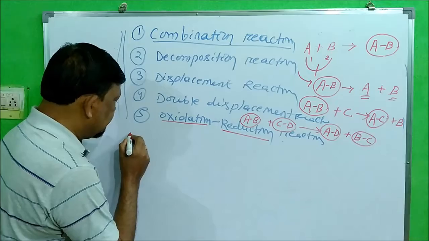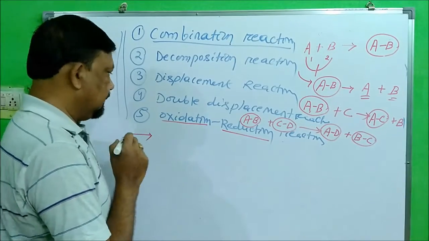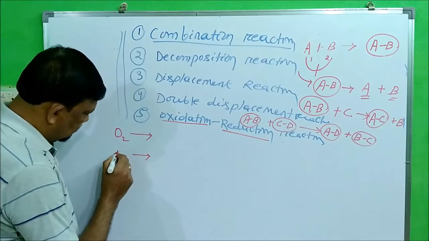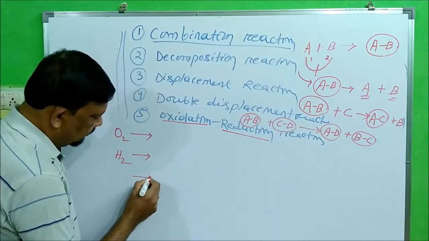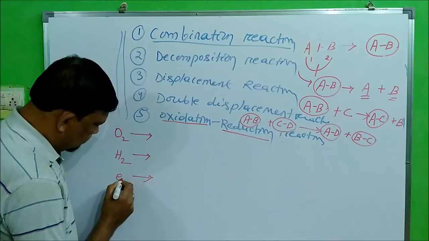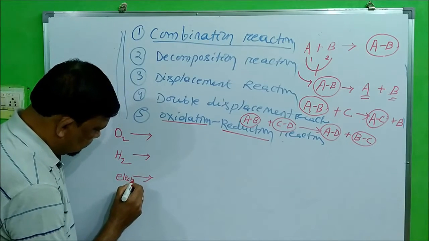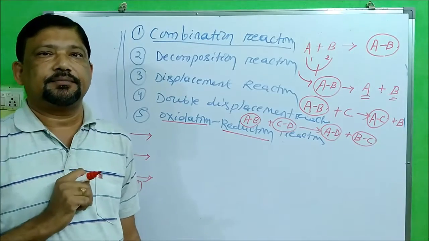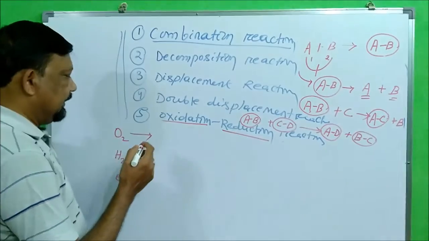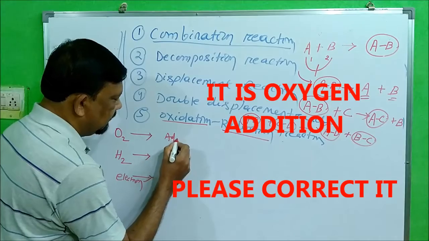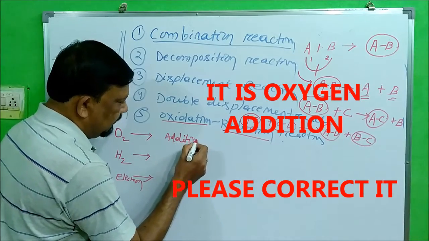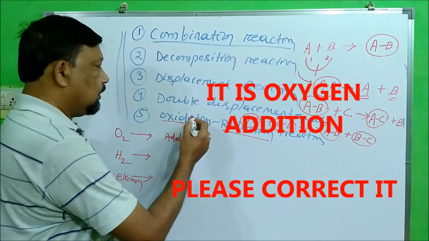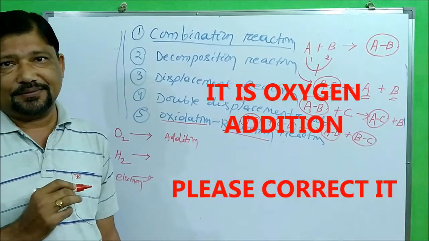So there are three terms to understand oxidation: with oxygen, with hydrogen and with electron. Clear? So if addition of hydrogen occurs in the reaction, it is called oxidation reaction.